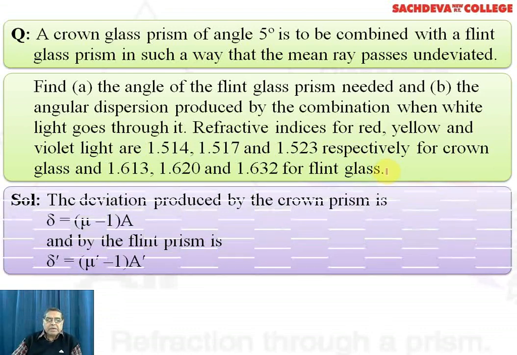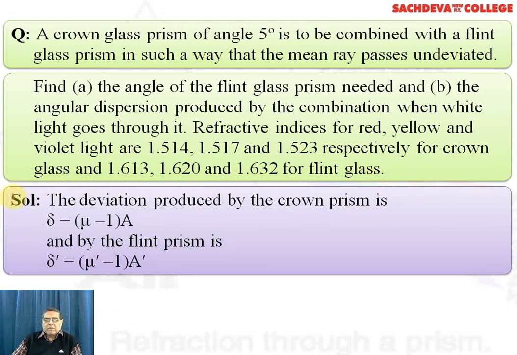Now, to solve this question, first of all, we take the formula for minimum deviation. The minimum deviation for the crown prism is delta equal to mu minus 1 into A, and for the flint prism it is delta dash equal to mu dash minus 1 into A dash.